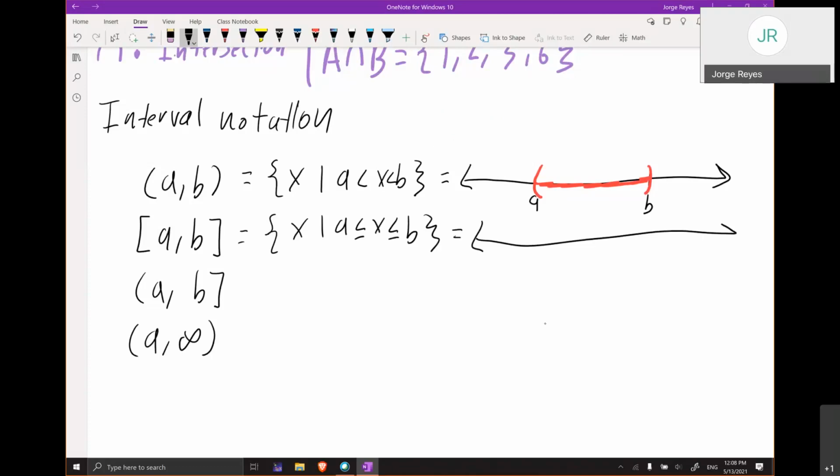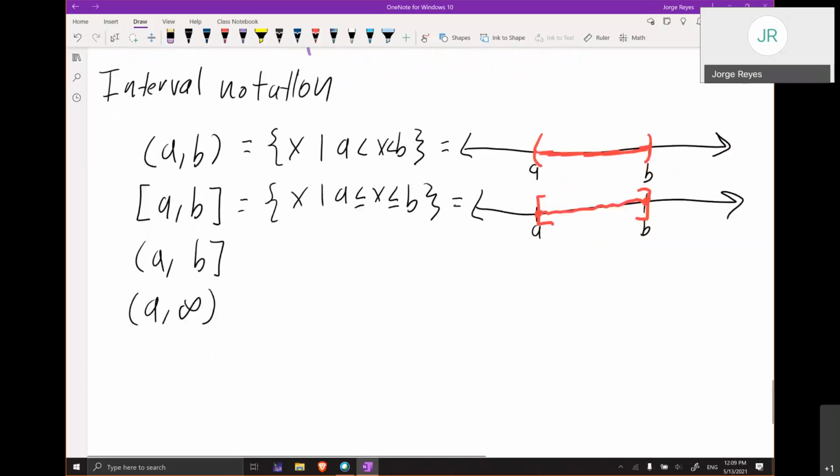What that would look like as a picture is you go A and B, and this time you would put closed circles or brackets. And this means you do include A, because 3 is less than or equal to 3, because it's equal to. So it's just like, do you include the edge or do you not include the edge?